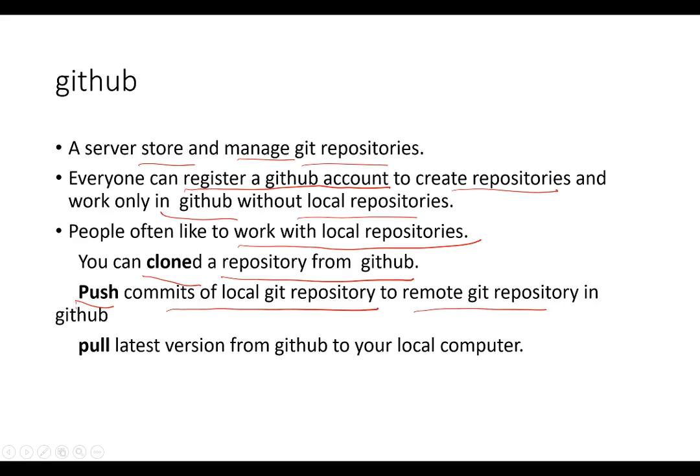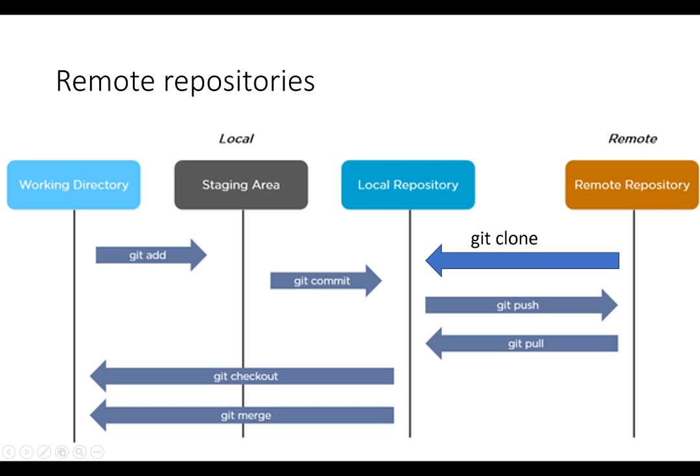At any time, we can pull the latest version from GitHub to our local machine, because someone may have made new updates to the project. These are the 3 commands we often use.